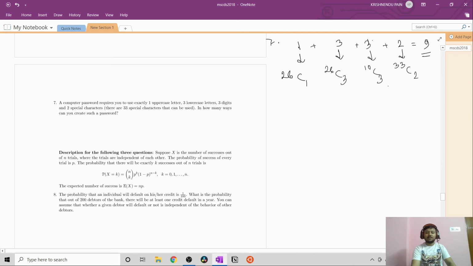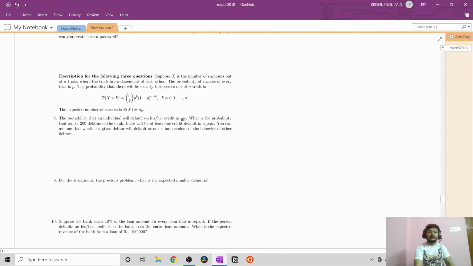So the password will be 9 characters long. The total number of ways we can create a password is 26C1 into 26C3 into 10C3 into 33C2 into, as there are a total of 9 characters, they can be arranged in 9 factorial ways. So we can create such a password in this number of ways. You don't have to calculate this, you can keep it in this way.